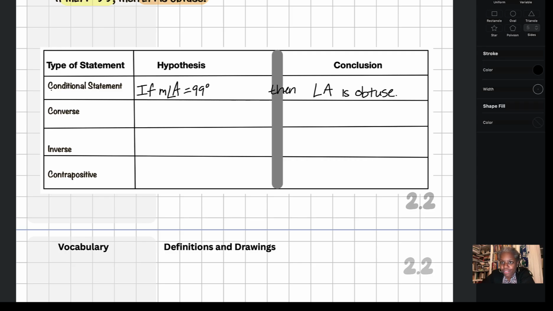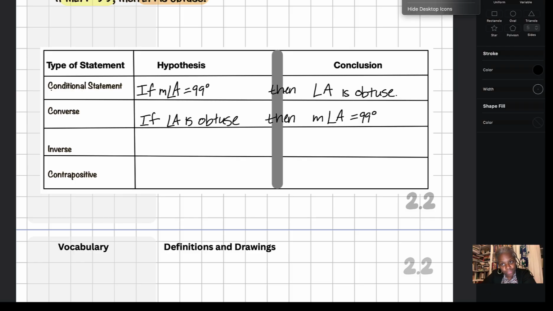So the converse to that statement is going to be if angle A is obtuse, then the measurement of angle A is 99 degrees. Notice what we did. The conditional statement is as it is. Its converse is switching the hypothesis and the conclusion. So the converse is a flipping of the hypothesis and the conclusion.